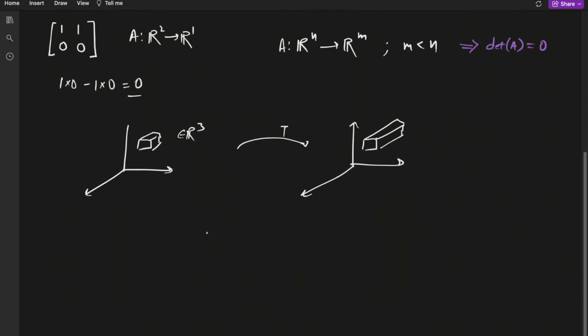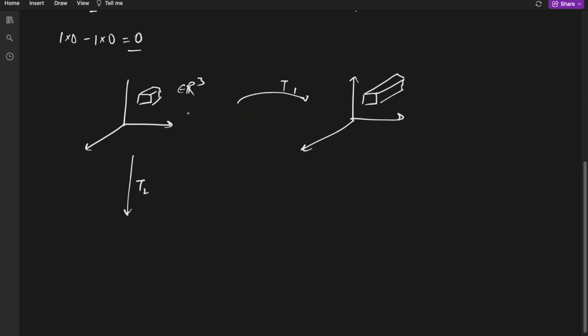And if you have another linear transformation T2, which is transforming this input vector space from R3 to R2, then this volume will be no more present in R2 vector space, because see, in two dimension there is no concept of volume.